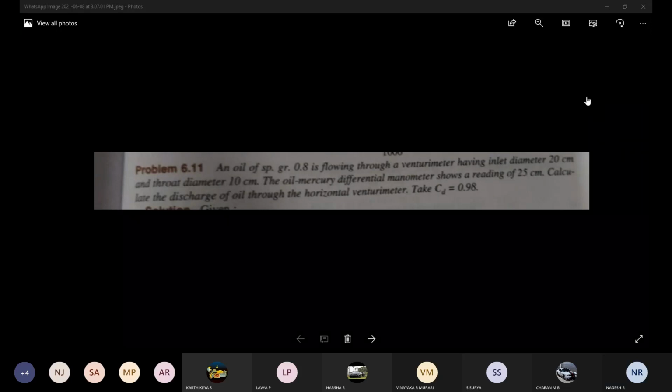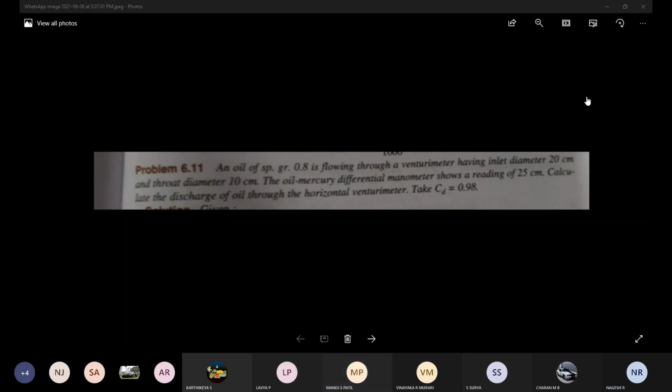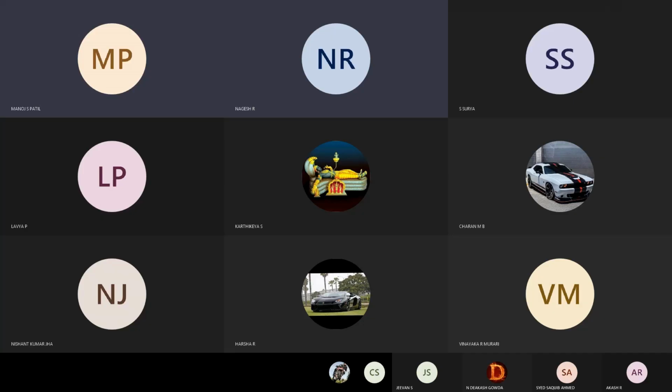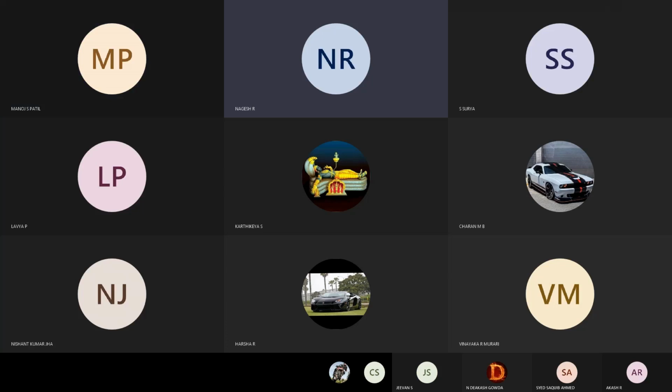Once we can conduct some quizzes based on this. Okay, so now everyone took the problem, right? I will project the paint. So how many of you know how to solve this problem?